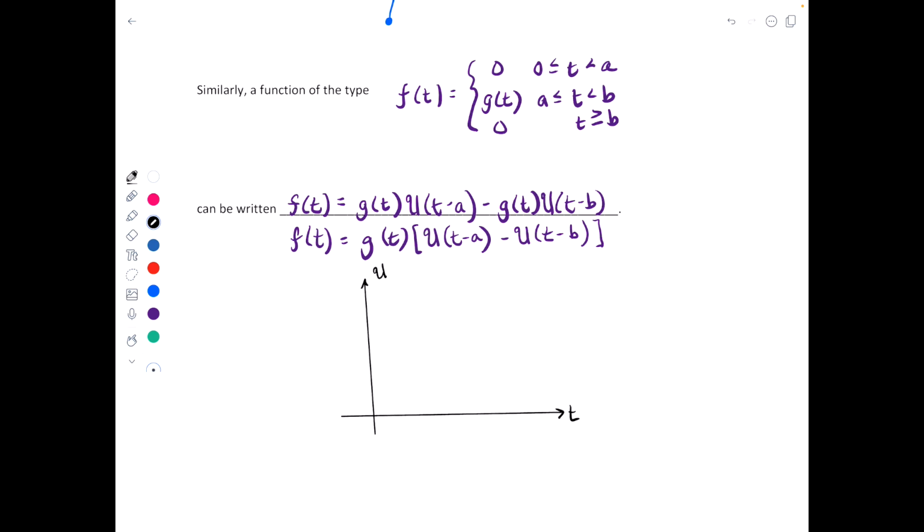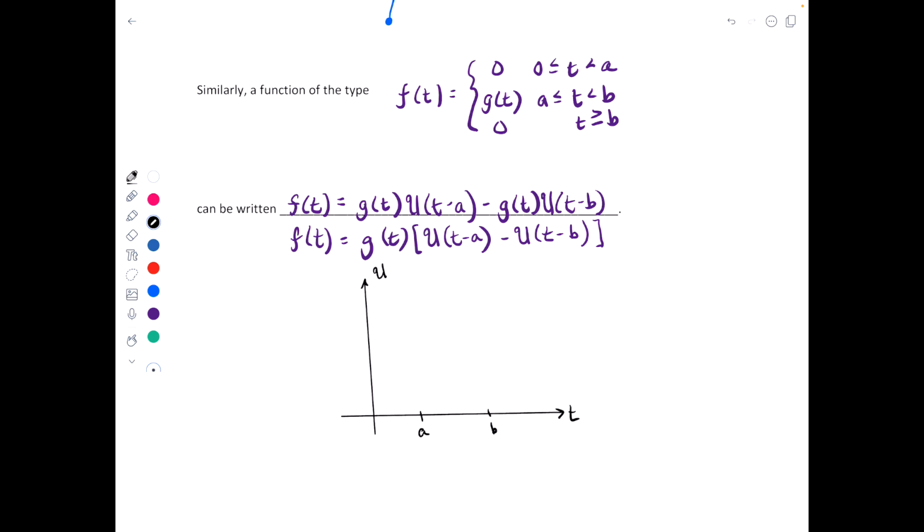So now we have an A, we have a B, and we know that it levels out on either side. So the middle segment is where the graph is turned on.